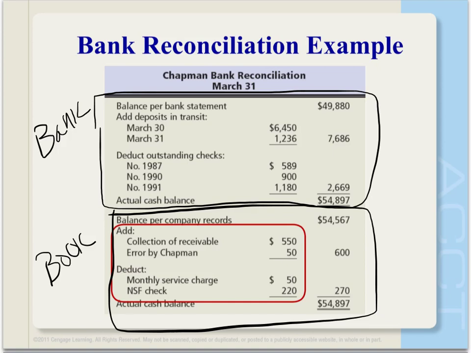Obviously, Cengage is probably going to present it this way, but I like to do them side by side. So our job is going to take this balance per the bank statement, which you see here, and here is the company book one, and what you notice is they do not equal. So it's your and my job to make them equal by seeing who has what and what needs to be adjusted to each.